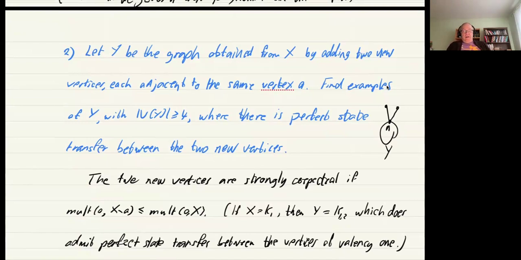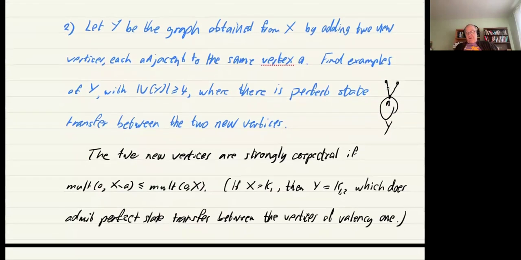To get perfect state transfer, you need them to be strongly cospectral, and you can show that there's a necessary and sufficient condition for these two vertices to be strongly cospectral. But other than that, we know nothing. So it seems unlikely that in general you're going to get perfect state transfer between those two vertices, but I know nothing more than what I just said.